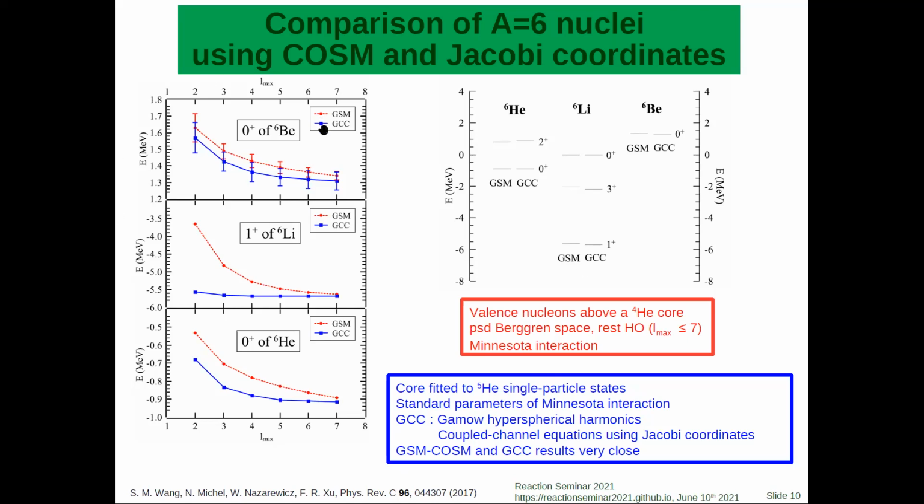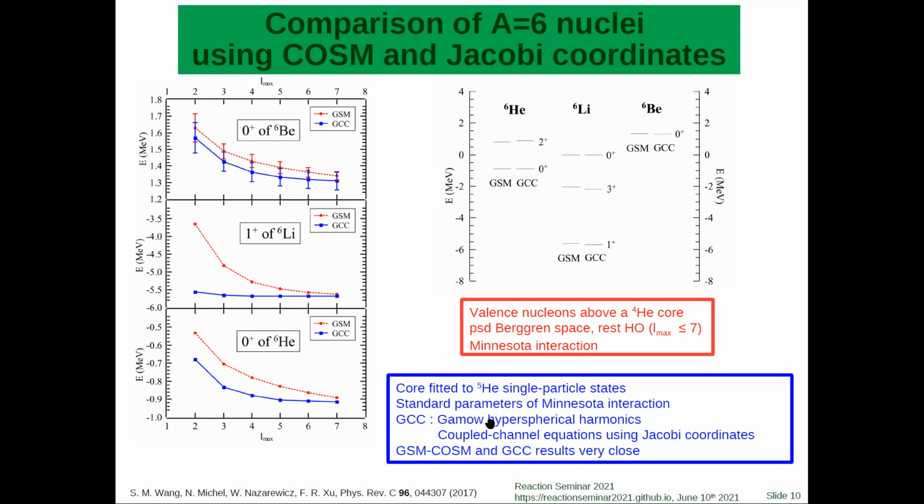We can see here that if we take a number of partial waves increasing here to 7, these two models converge to the same value, but very slowly for the Gamow shell model.